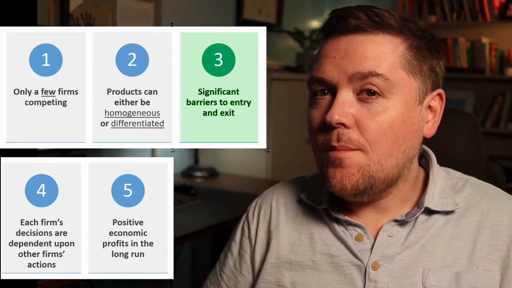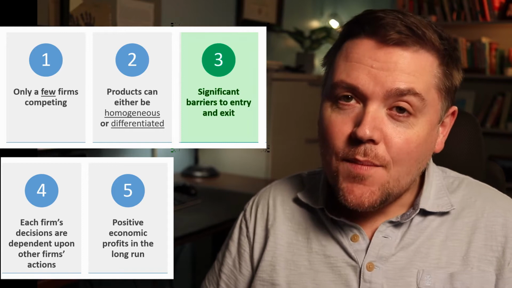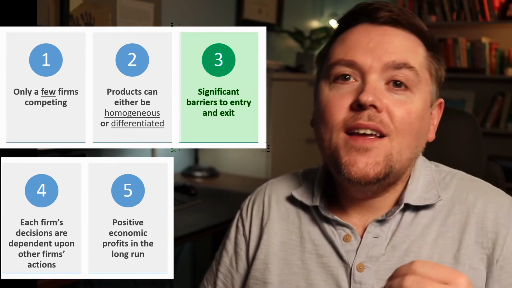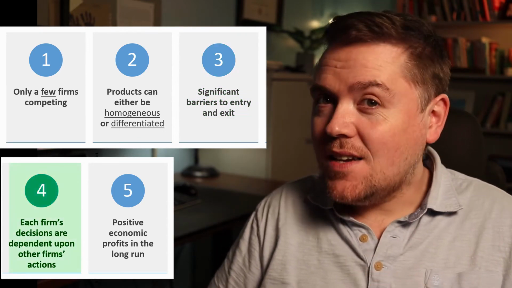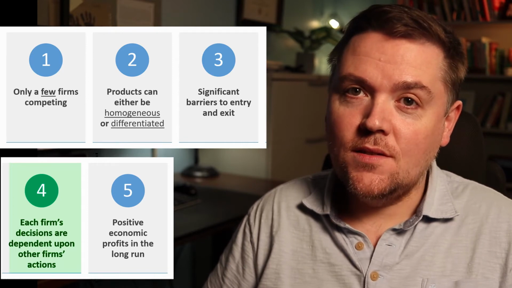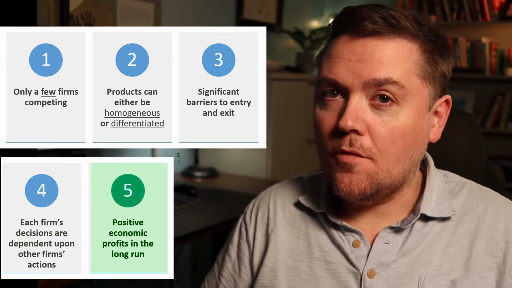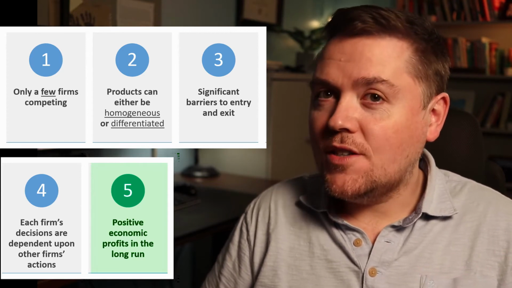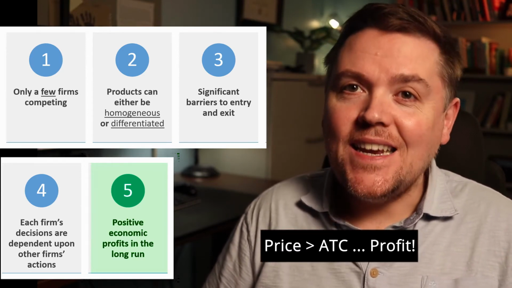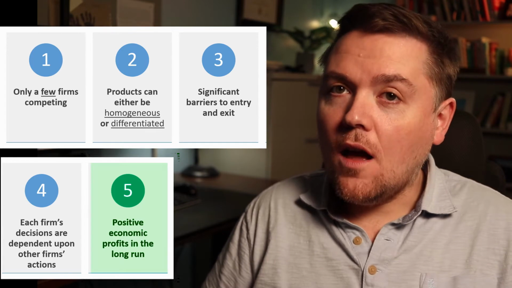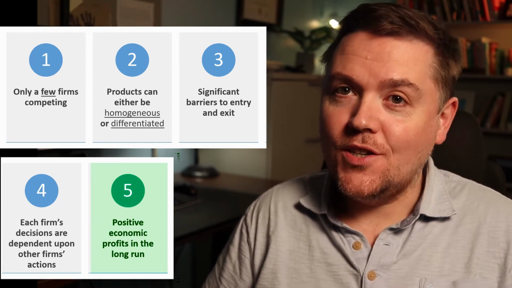There are significant barriers to entry and exit, like in monopoly. And 4, each firm's decisions are dependent upon other firms' actions. Last, and 5, there can be positive economic profits in the long run. Because of barriers to entry, the price can exceed average total cost in the long run because there's a lack of competition.